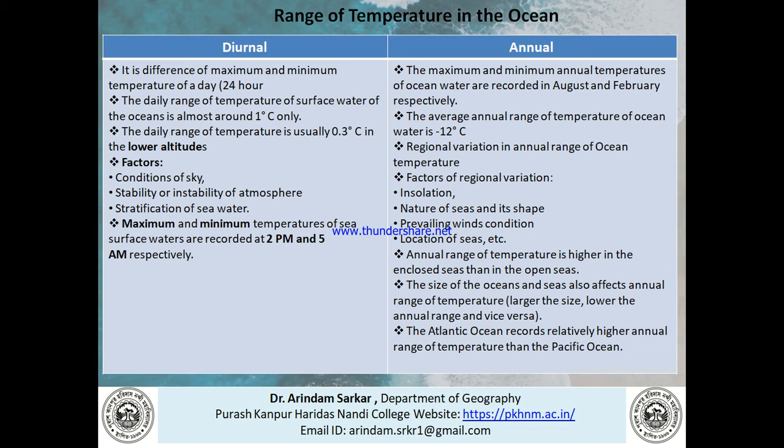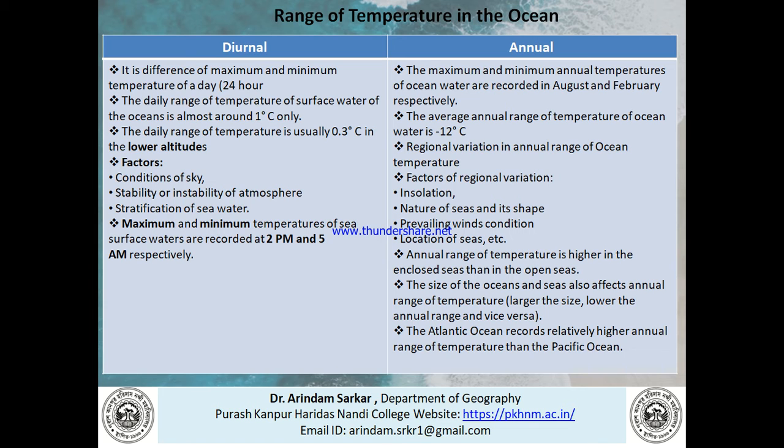In diurnal temperature range, the daily range of temperature of surface water of the ocean is almost around 1 degree centigrade only, and the daily range is usually 0.3 degrees centigrade in the low latitudes. Why? Because of the condition of sky, stability and instability of the atmosphere, and the stratification of seawater.